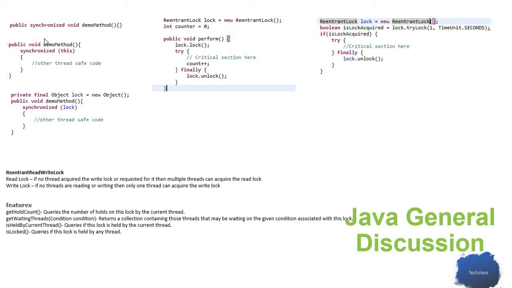Until then those threads will be waiting. As per the life cycle of a thread, those threads will be in the runnable state. Once T1 releases the lock, one of the threads from T2 to T10 can get the lock of this object and start executing. That is how the locking mechanism works using the synchronized keyword.